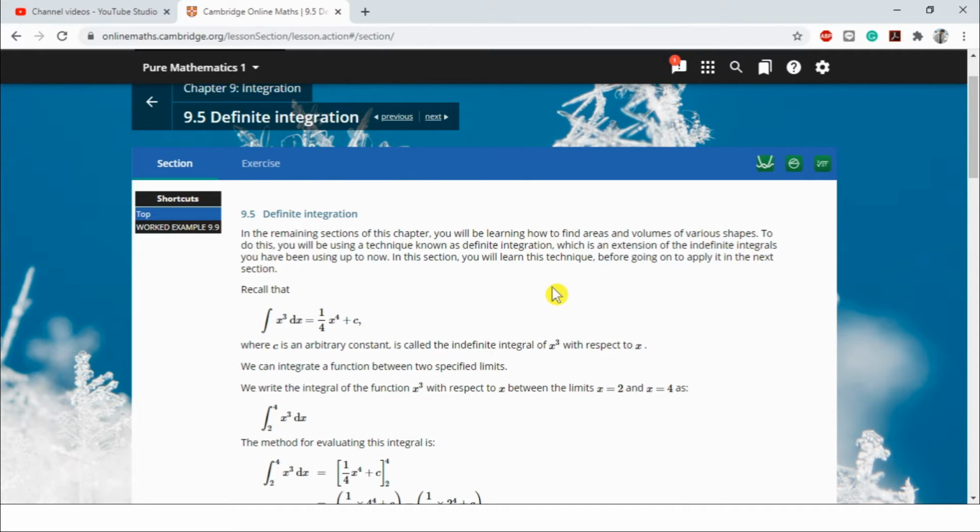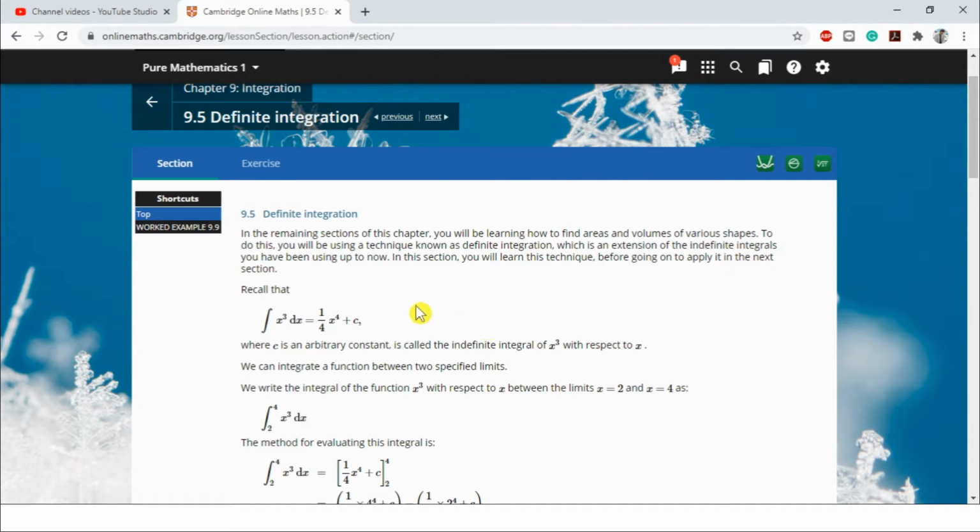Before, with indefinite integration, we have the result of integration in indefinite form, it means with a constant c there. But in definite integration we will find the result of integration in numbers, or a specific value.